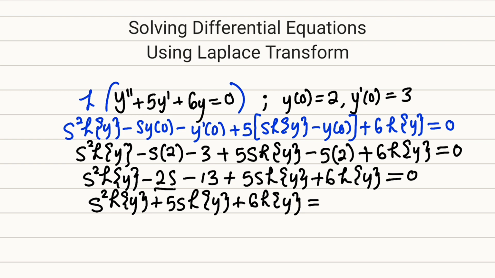We have negative 2s. If it crosses over, it becomes positive. We have 2s. And we have negative 13 here. To the right, it becomes 13. All right.